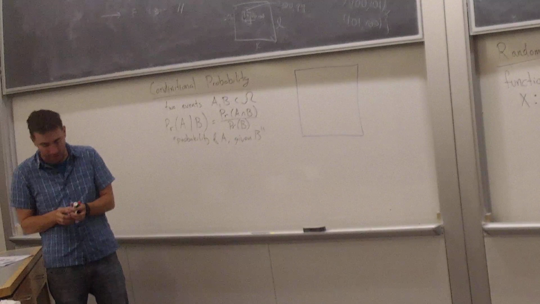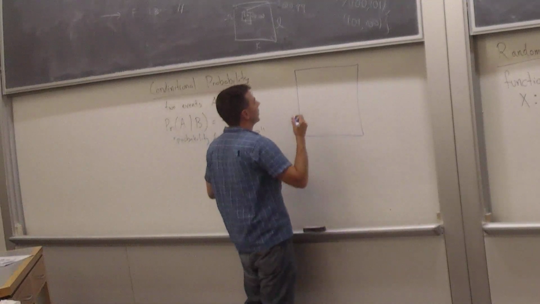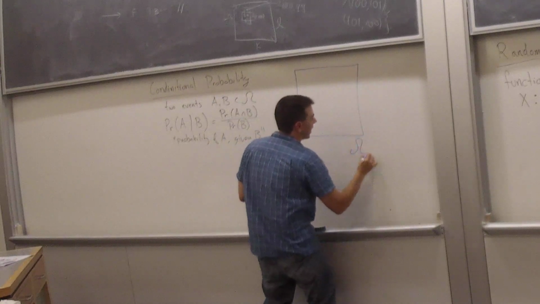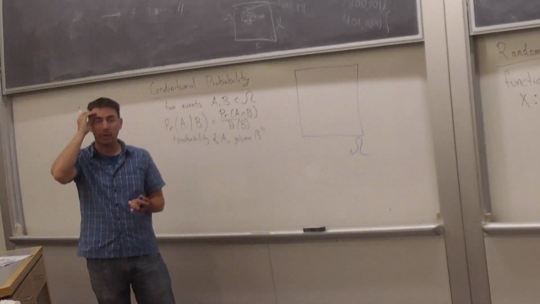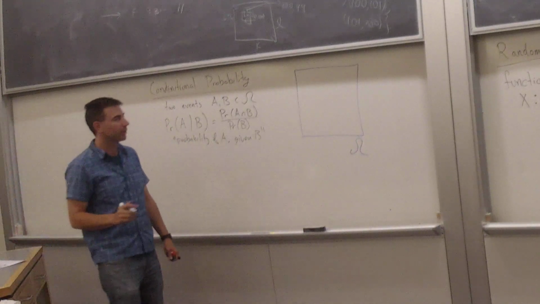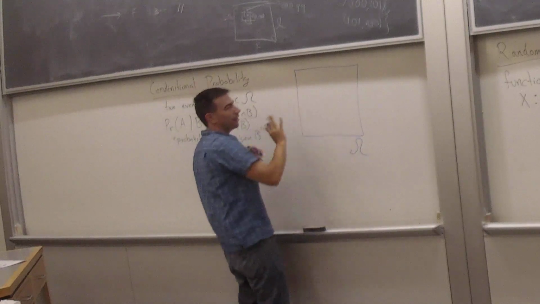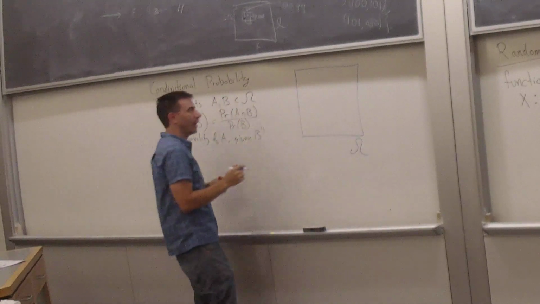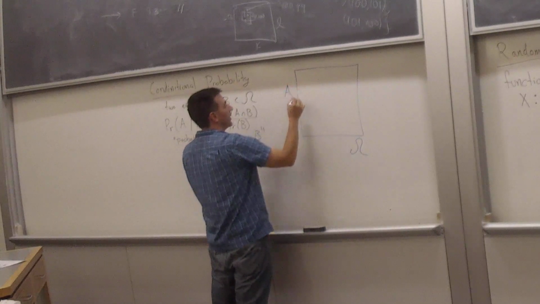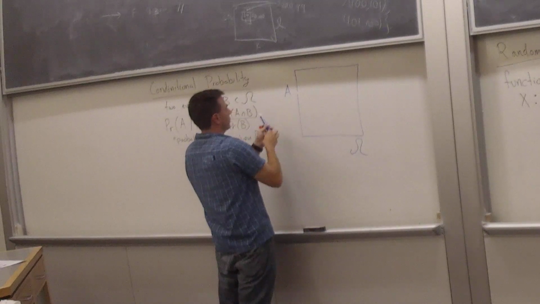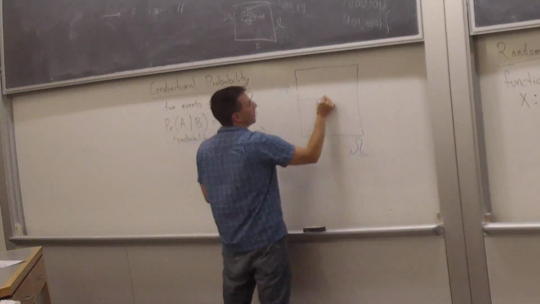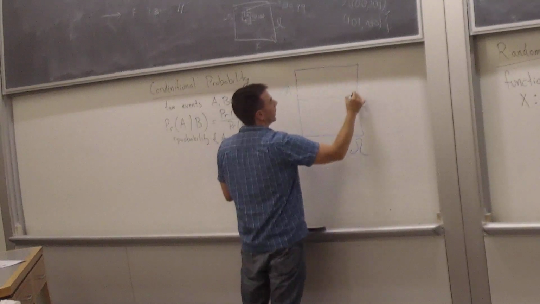Okay, so the way I like to think about this is that I've got my entire sample space here. And now I'm going to draw a nice picture with A and B. If things are nice, and we'll define what it means to be nice, then I can think of A as being some strip through here.